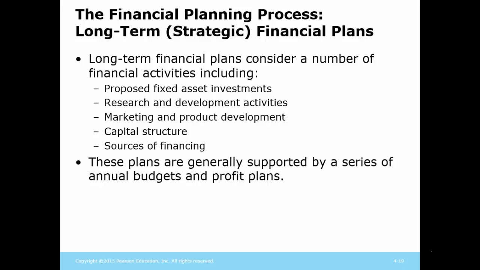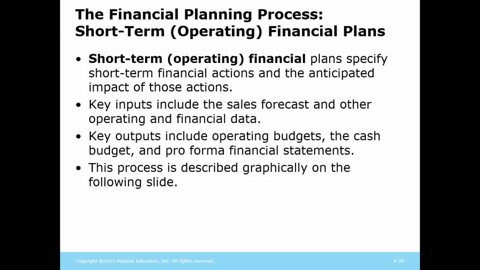So we want to look at these activities to incorporate them. What are the fixed asset needs? Research and development. What's the capital structure of the company? And what are the actual sources of financing that are available? All of those components are incorporated in this long-term plan to try to determine where the company is going to go down the road.